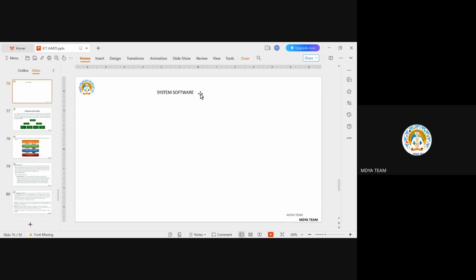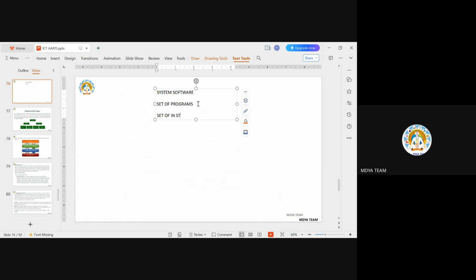Software is a set of instructions, sorry, a set of programs, a collection of programs, and programs are sets of instructions.